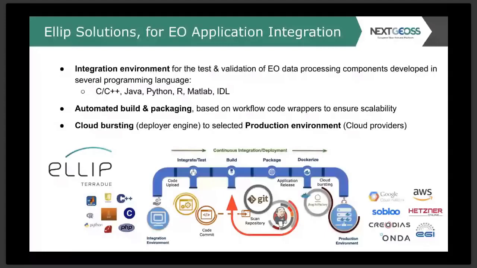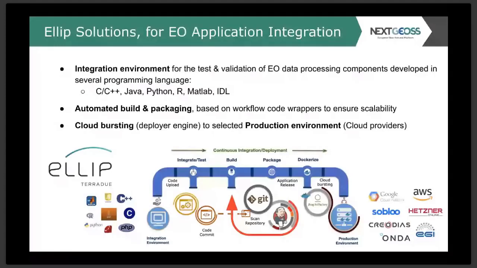So there is an integration environment, that's the left part of the continuous integration pipeline, where people can access a virtual machine, a developer cloud sandbox, to test, integrate and validate their data processing components.